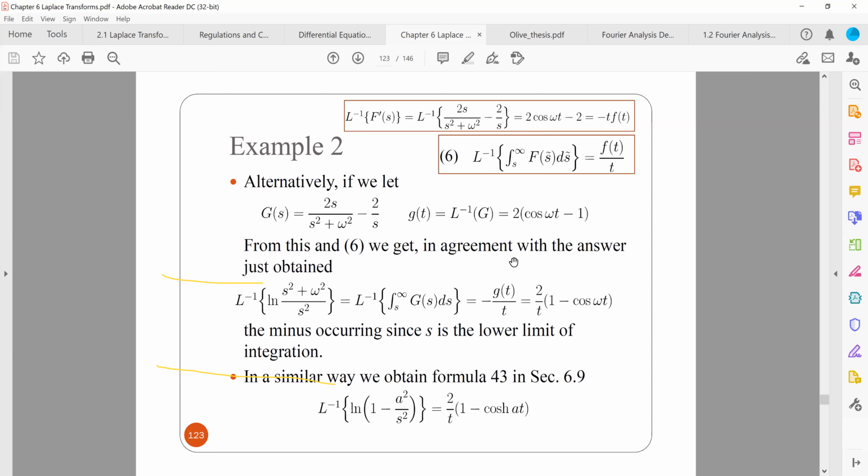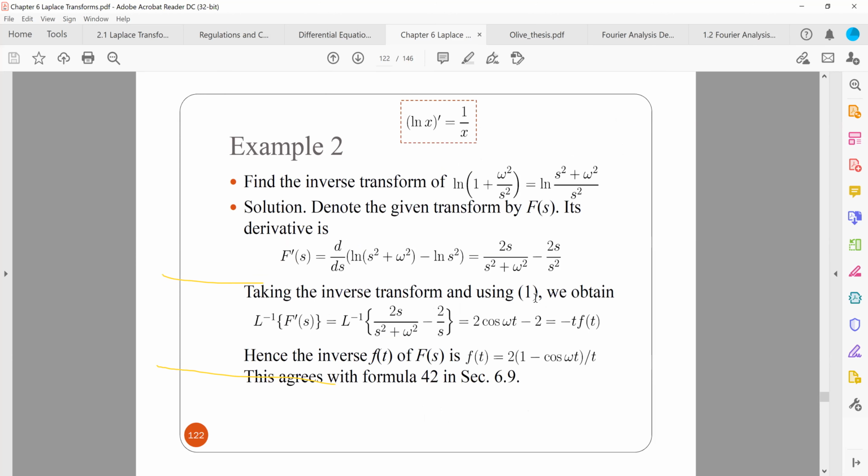So this is the same as negative of g(t) over t. You end up with the same answer, because if you divide this by t and put a negative in front of it, this will end up being this, which is again what we got in the previous approach. So this is just changing where you approach it. In the one before, we just said, okay, after doing the Laplace inverse, we know that it's equal to minus t f(t).